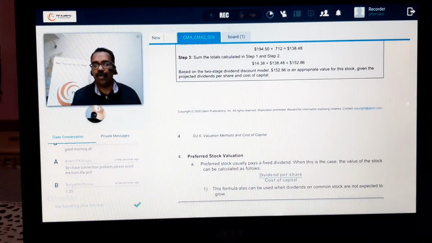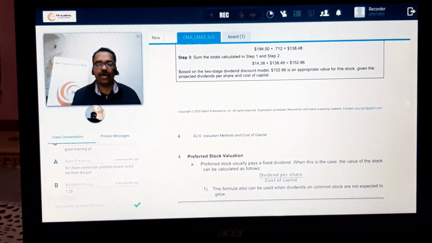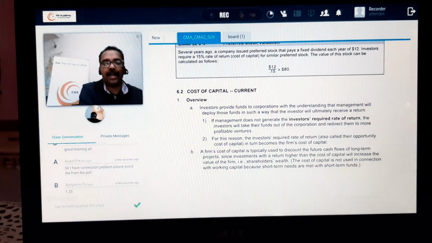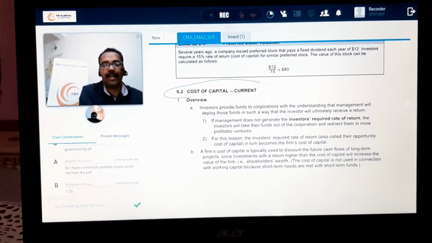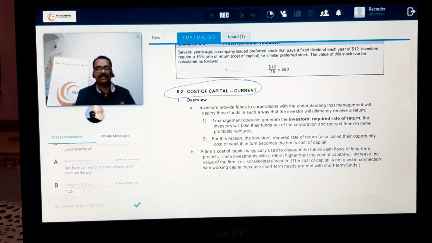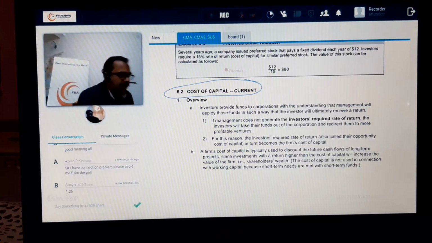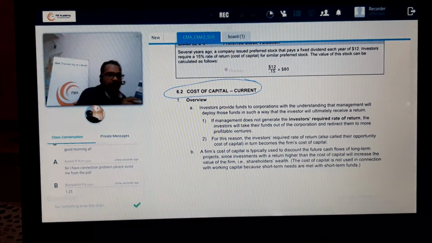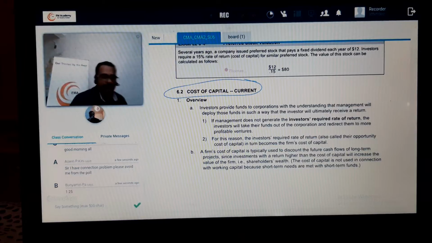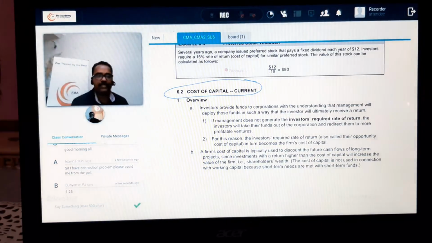Now let's move on to the next topic, which is called the cost of capital. What is this? The investors supply capital. You know what are the sources of financing, which you already studied.